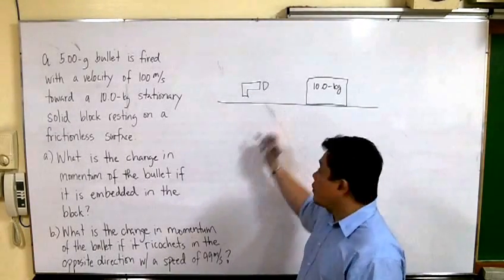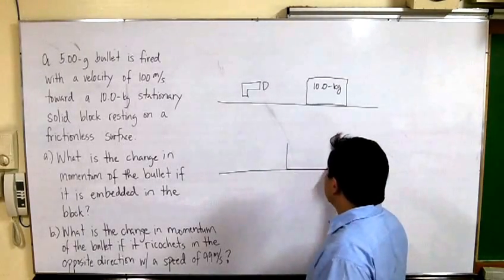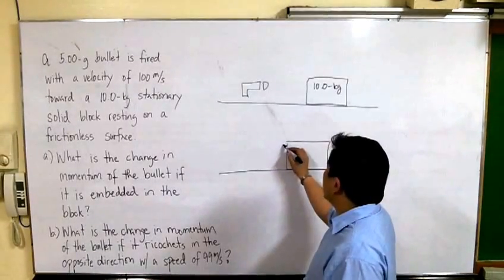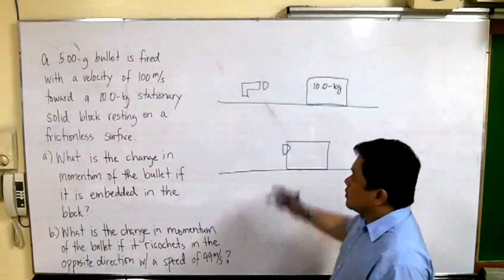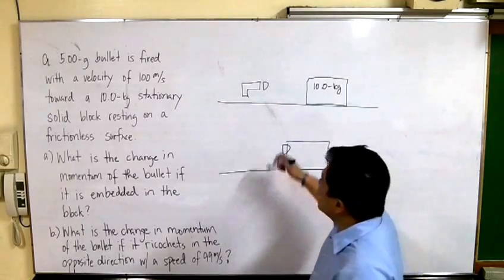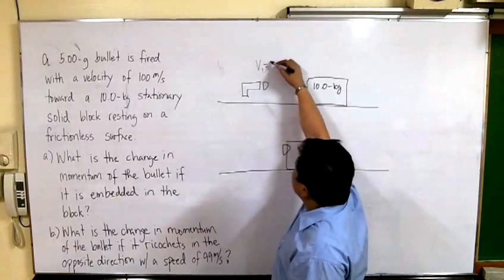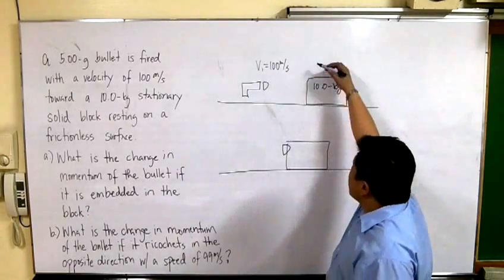So this is before collision, then after collision, the bullet was embedded on the 10-kilogram block. The velocity of the bullet is given as 100 meters per second before collision.